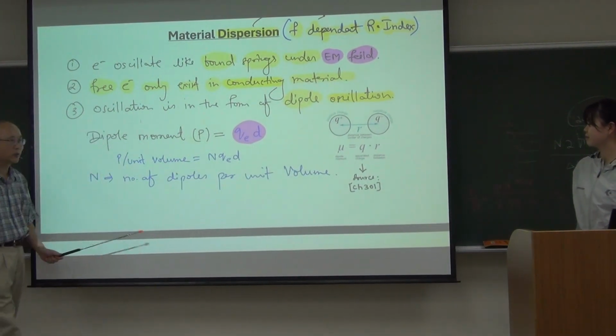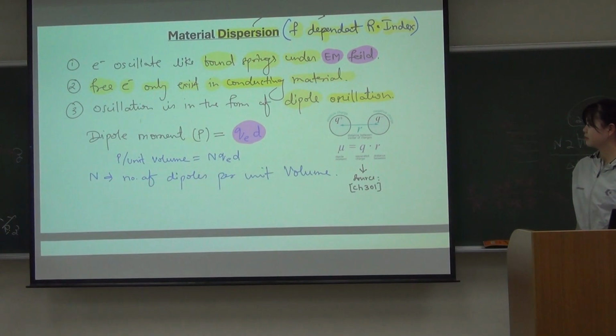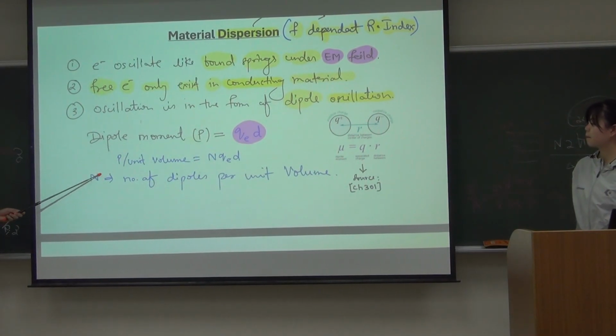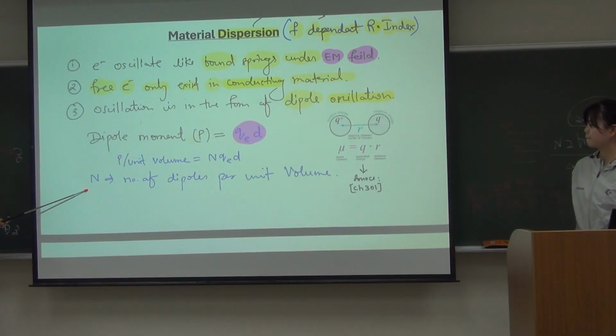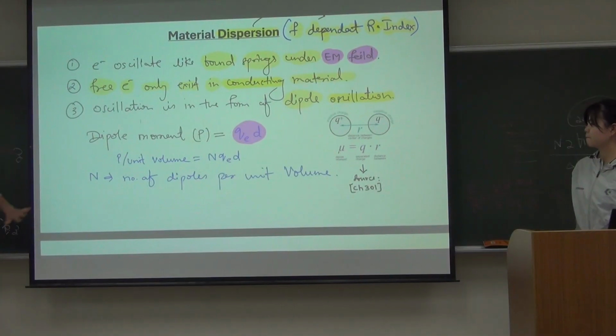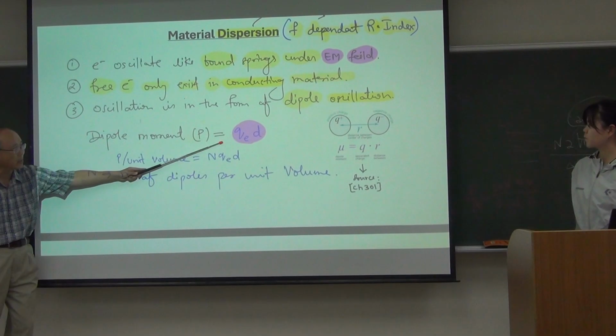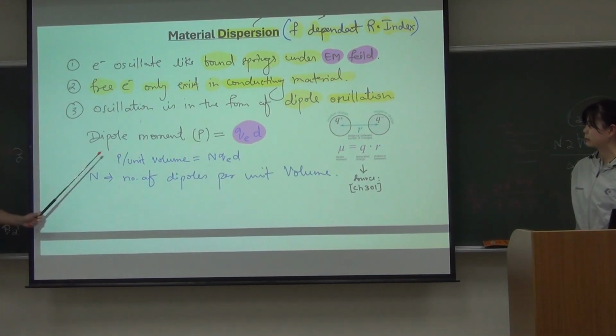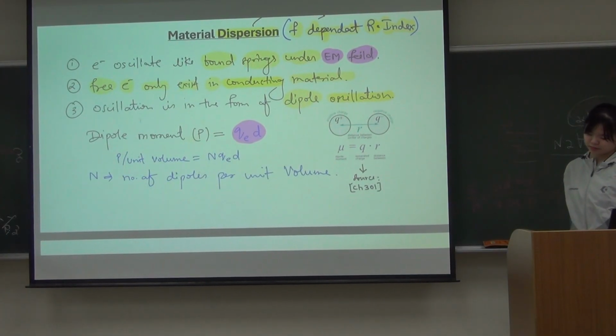But then, if you want to talk about the collective effect, then we have to add this into the model, right? Because we have a tremendous amount of dipoles in such a material. So a single unit is like this, but then you multiply this with a single unit, then we'll be talking about the average ensemble effect of all the dipoles within a unit volume.